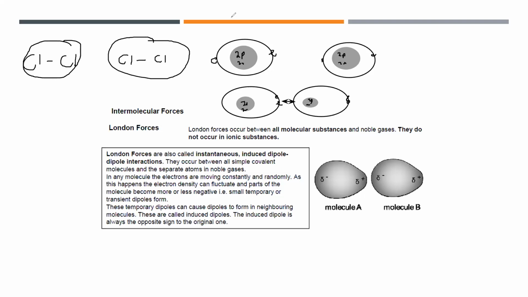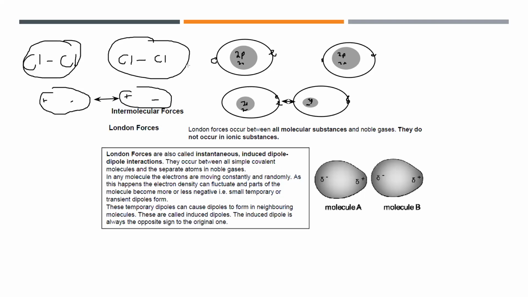As they cause a distortion, positive charge is distributed slightly to one side and negative charge to the other, and then this distortion will make an attraction between the positive and negative charges. We call that instantaneous dipoles, or dipole induced dipole forces, or weak van der Waals forces, or London dispersion forces.